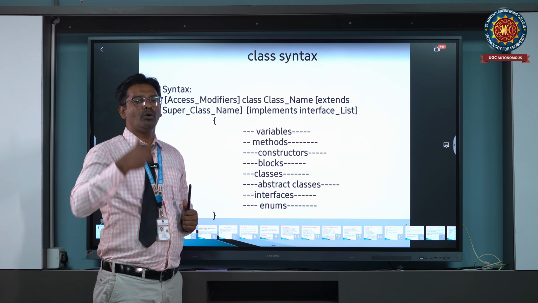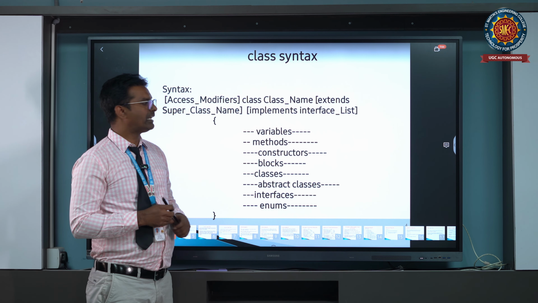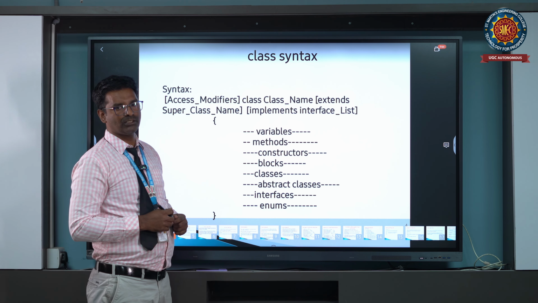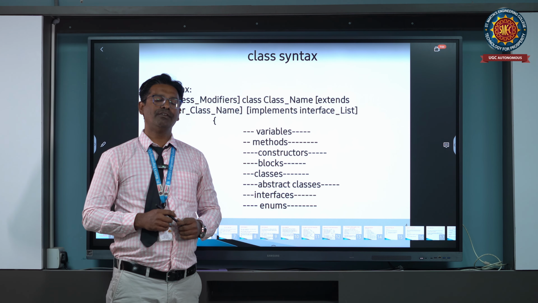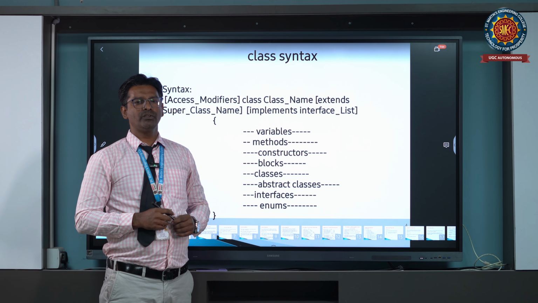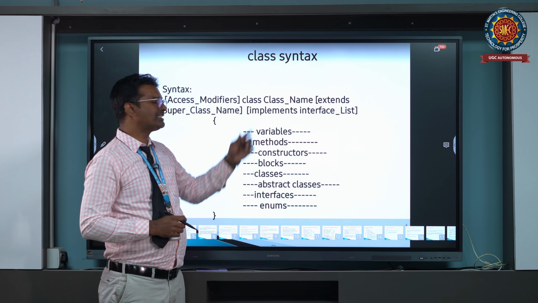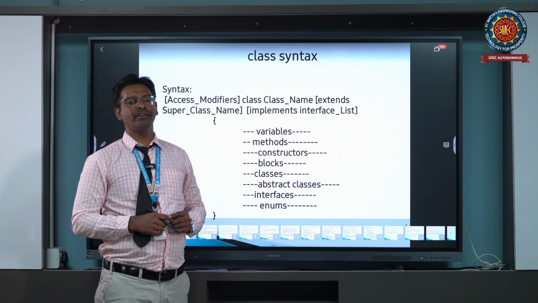To add additional programming elements to the class, we use some more modifiers. Next, the class keyword. In Java we have 53 keywords, and among them we use the class keyword. We have to write class in small case because Java is a case-sensitive language, so there is a lot of difference.